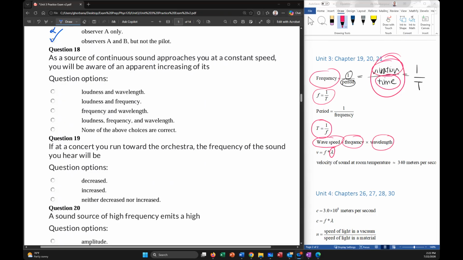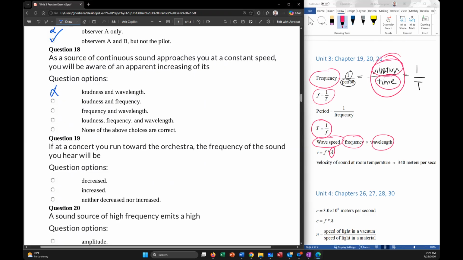Frequency and wavelength are inversely related to each other. So in this situation, if the frequency increases, the wavelengths decrease. If the frequency decreases, the wavelengths increase. So it means that loudness and wavelengths are not correct. Loudness is different than the frequency; it is the intensity of the wave.